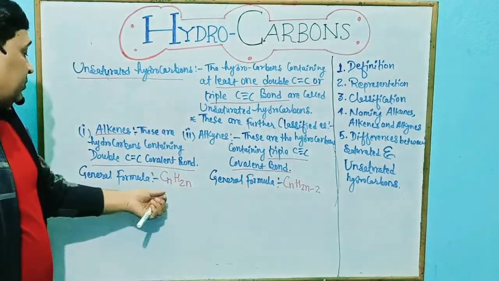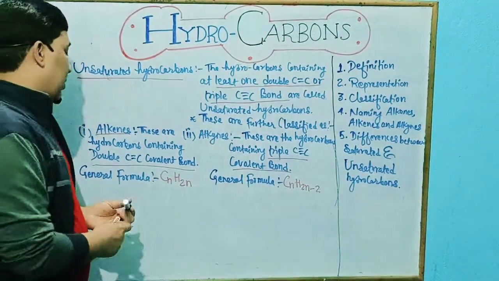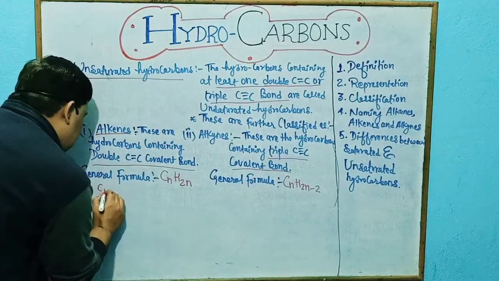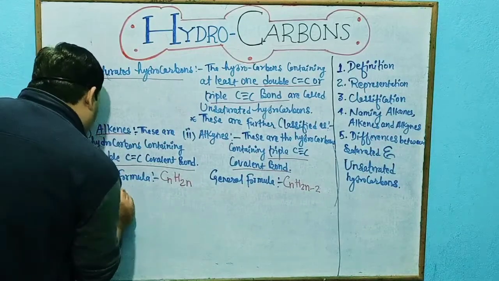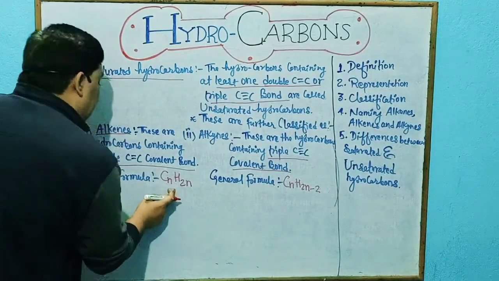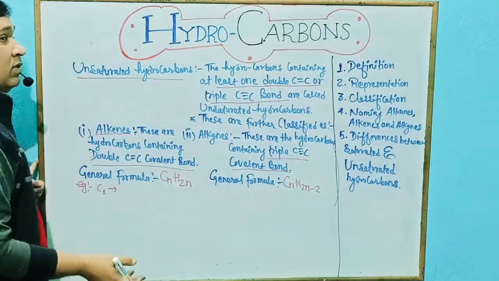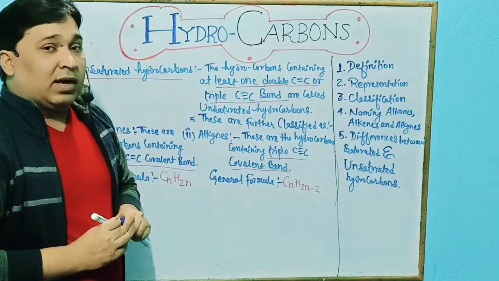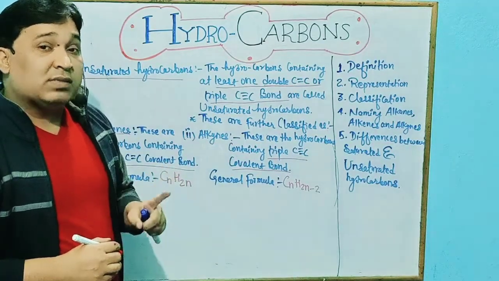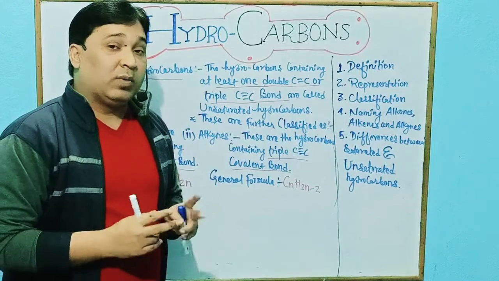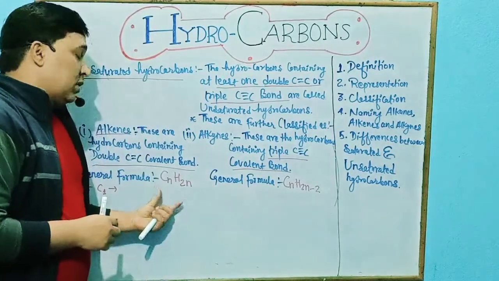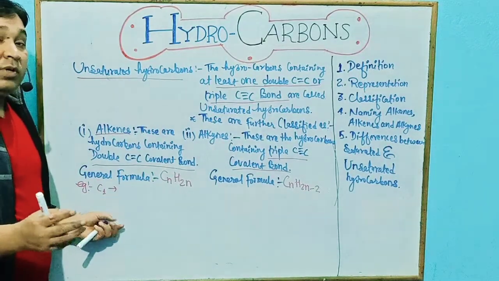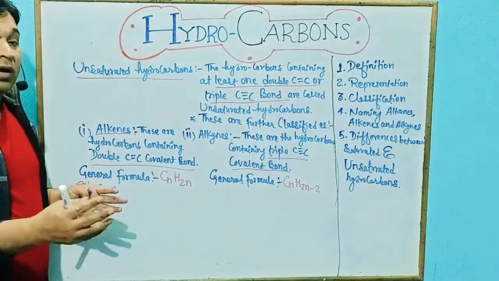For example, when n is 1, that is, the number of carbon atoms is 1, C1H2n is not possible. Why? Because these are unsaturated hydrocarbons, and there must be at least one double covalent bond between two carbon atoms. With only one carbon atom, it is not possible to form a covalent bond with another carbon atom.